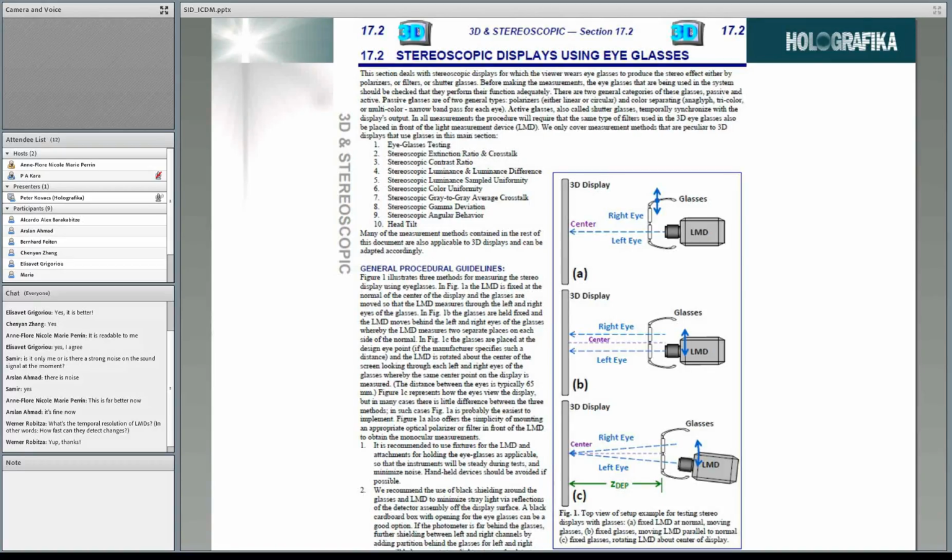But the main point here is that the LMD should always see what your eyes are supposed to see, regardless of the technology which is used in the glasses. So it is explicitly talking about passive glasses and active glasses, but no matter what, the measuring device is supposed to see what you are seeing.